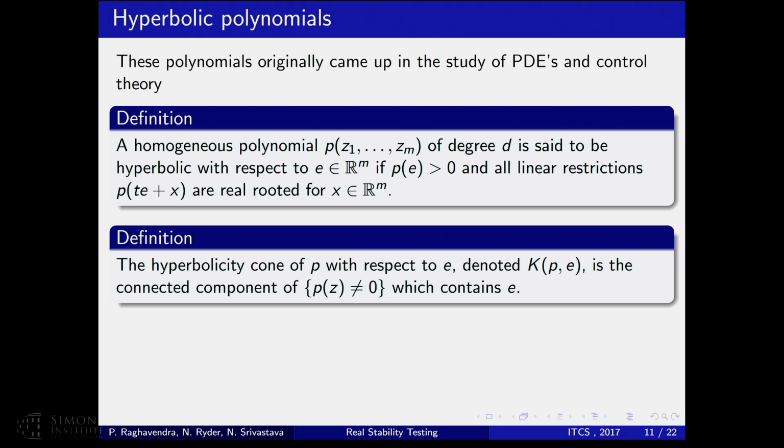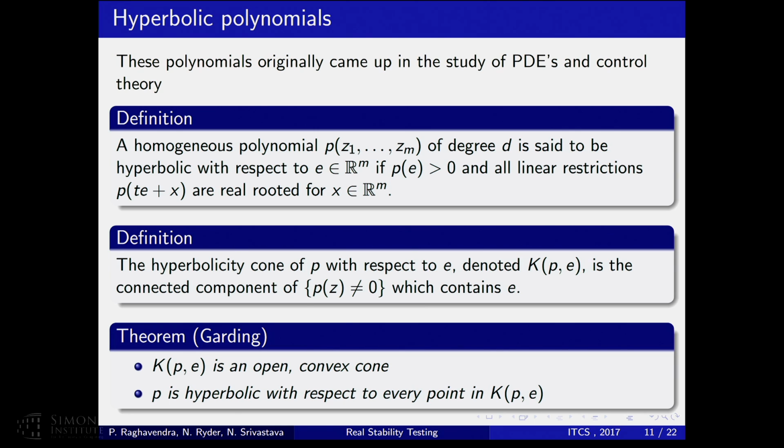The reason people look at this is because of this theorem: given any hyperbolicity cone, you're guaranteed that it's an open convex cone, and that every point in that cone is a direction for which p is hyperbolic. These are the two main points we use to reduce a problem from a two-parameter family to a one-parameter family. I should note an example of a hyperbolicity cone is the cone of positive semi-definite matrices.